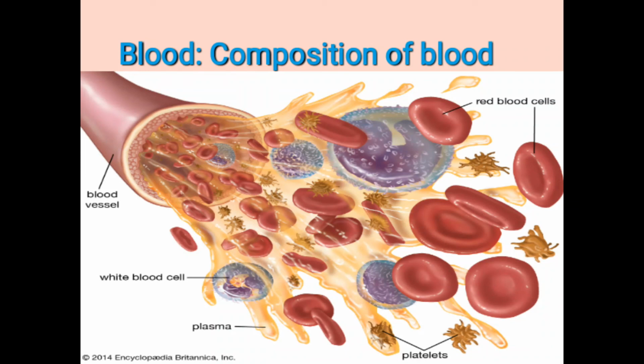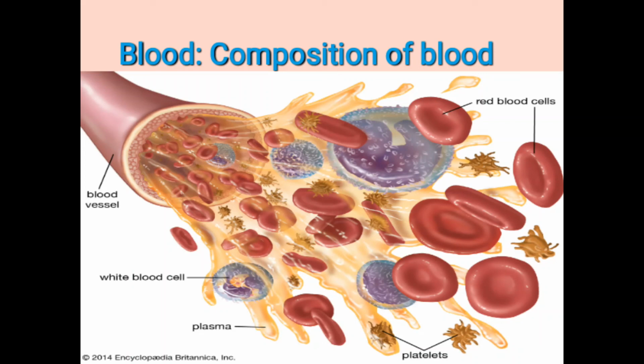The nutrients that are transported in this plasma are glucose, amino acids, as well as lipids. So that is what the plasma does. It transports water, nutrients, that is amino acids, lipids, and glucose. It also transports hormones and many other things. The blood cells also are transported, of course, by the plasma.